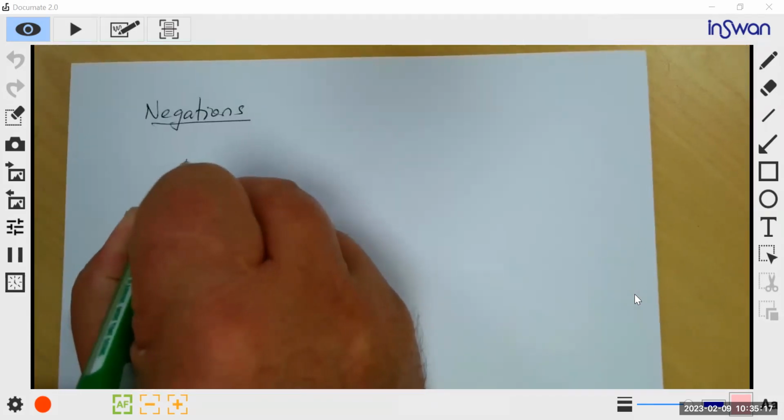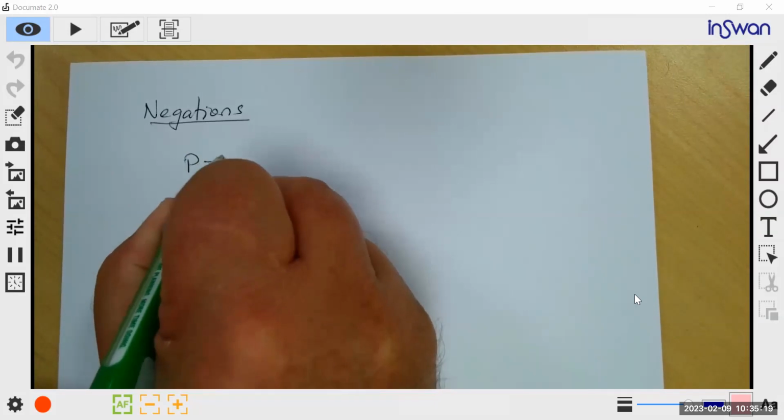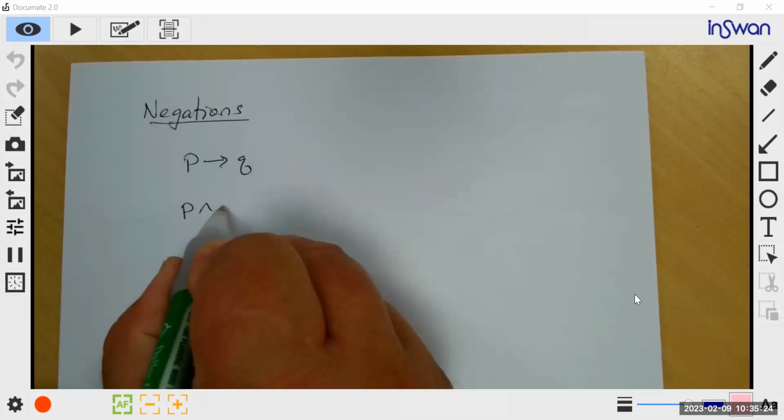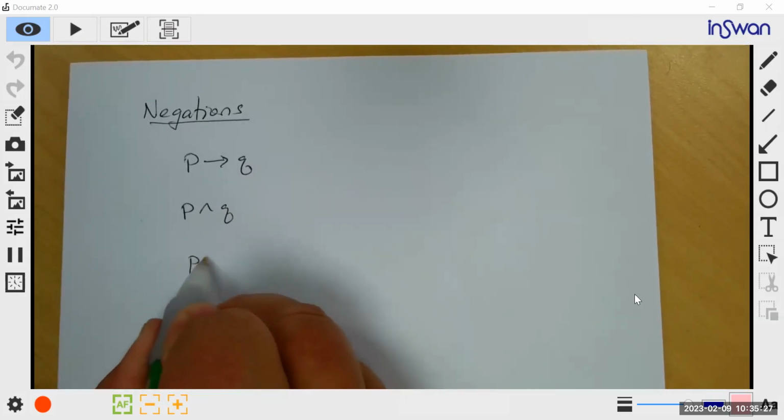What about when we have statements like this, or statements like this?